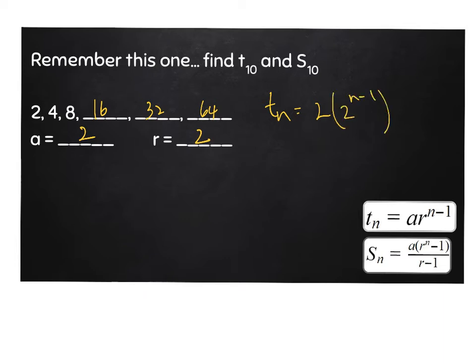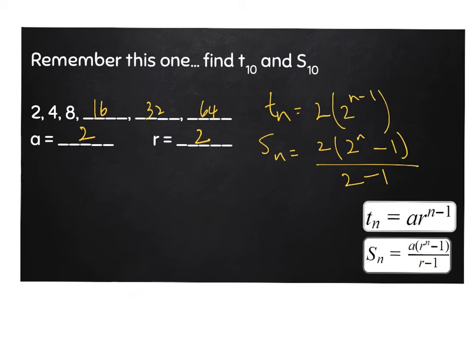So this would be the general term. And the formula for the sum Sn is equal to A, again 2, times 2 to the n, all minus 1, all over the ratio is 2, so 2 minus 1 on the bottom. So these are the two formulas that we're going to use in order to find T10 and S10.